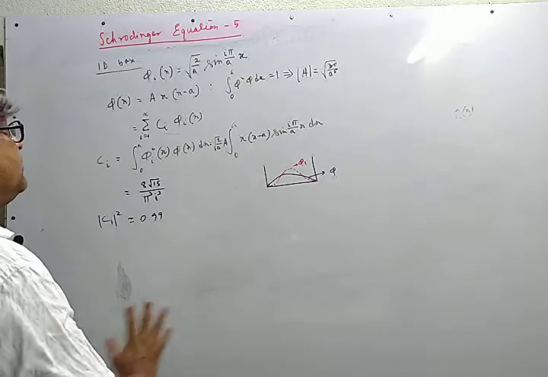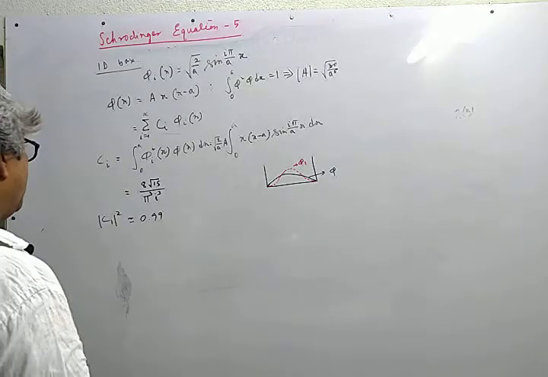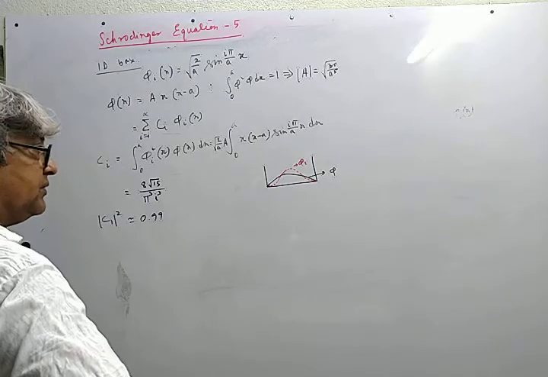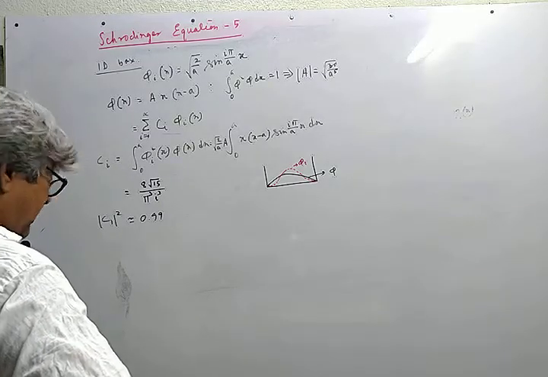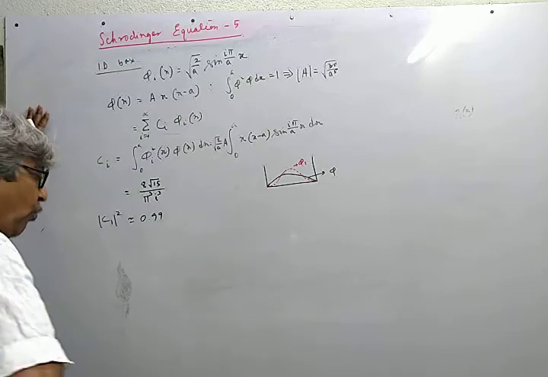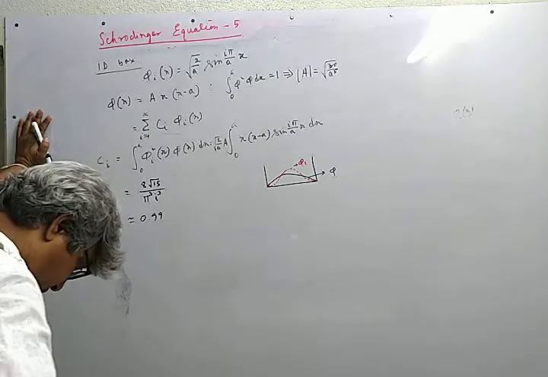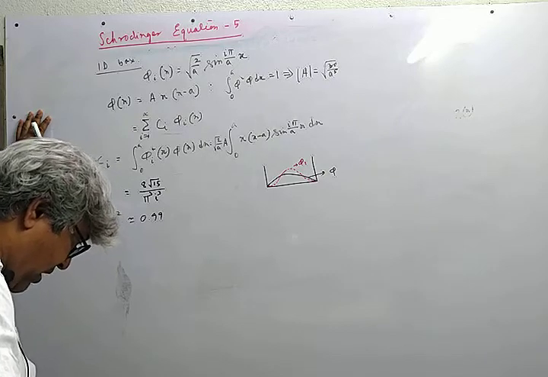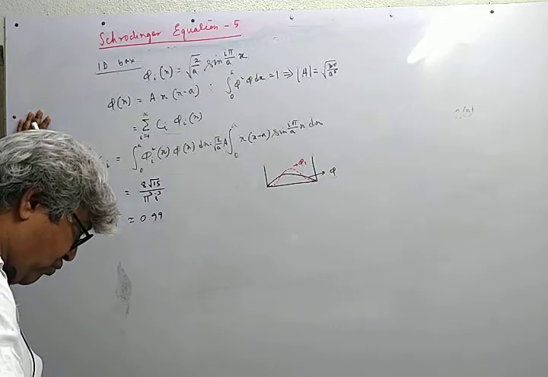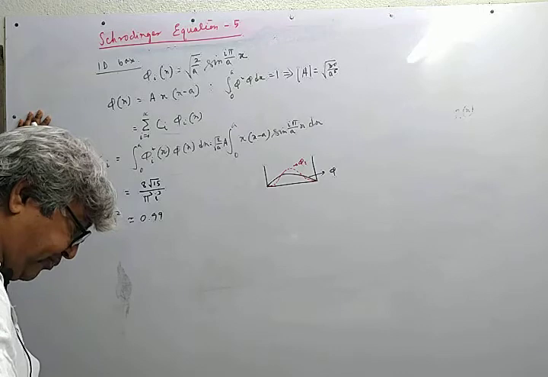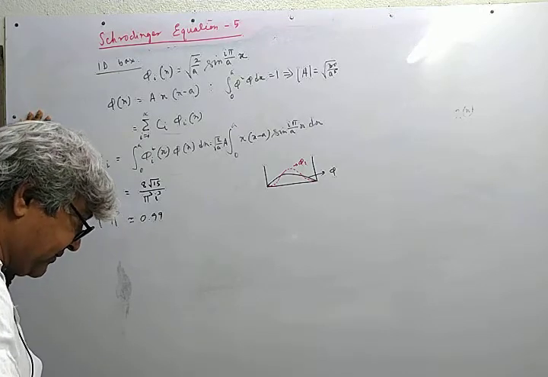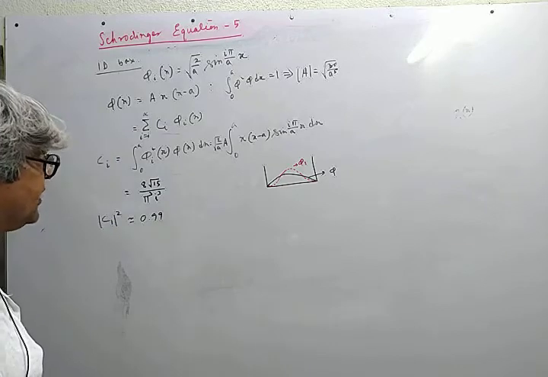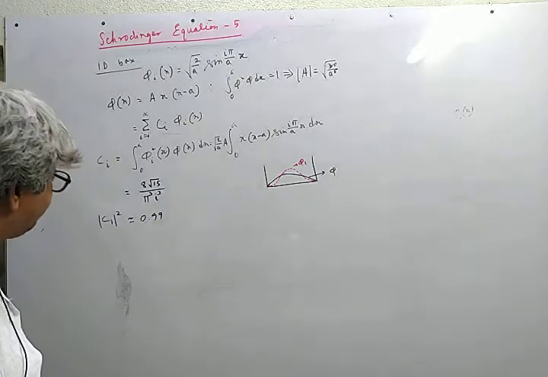Now, till now, what we have done, we have considered the time independent Schrodinger equation and argued that the wave functions or the eigenfunctions of the Hamiltonian form a complete set of orthonormal bases. So any function in this space can be represented as a linear combination of these eigenfunctions.